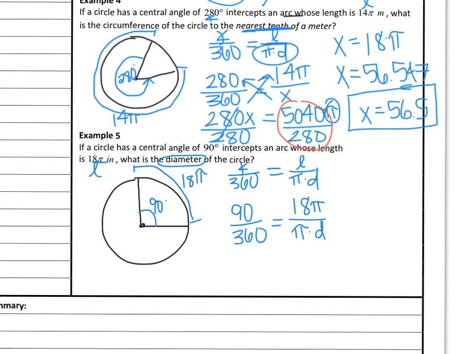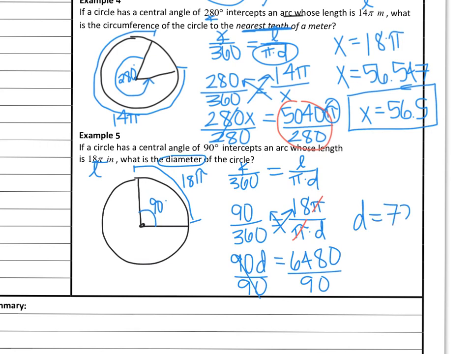At this step, before I even cross multiply, if I have a pi on the top and a pi on the bottom of a fraction, I can cancel it, because pi divided by pi is just 1 over 1, which is really, you don't have to write the ones in. So you can just cross multiply without the pi's in there. So I'm going to do 90 times d is 90d, equals 360 times 18 is 6,480. And then just divide both sides by 90. And we get that the diameter is equal to 72.